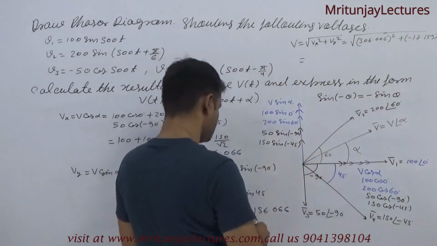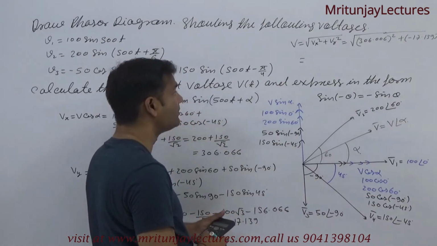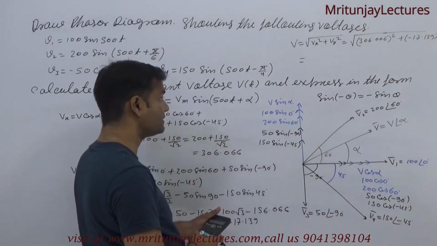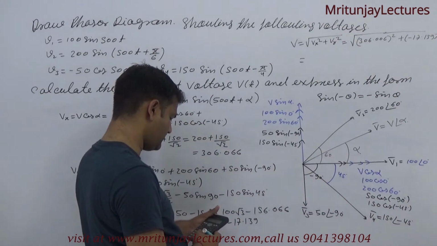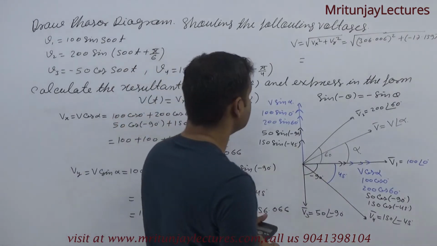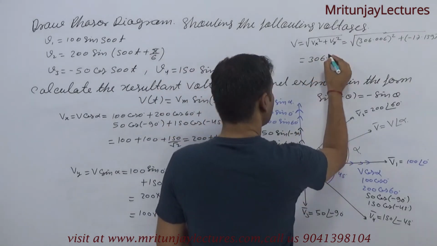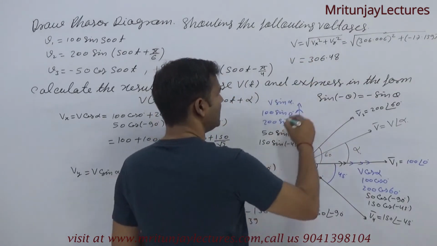So finally we got the resultant of this one, that is 306.48, that is V. Okay, now what about alpha?